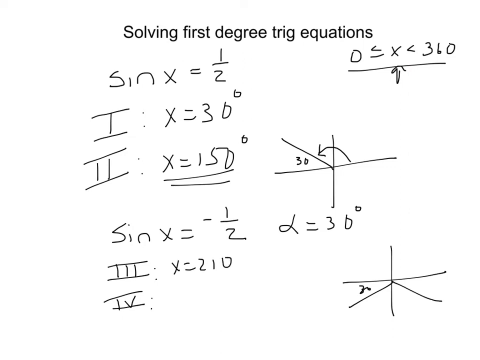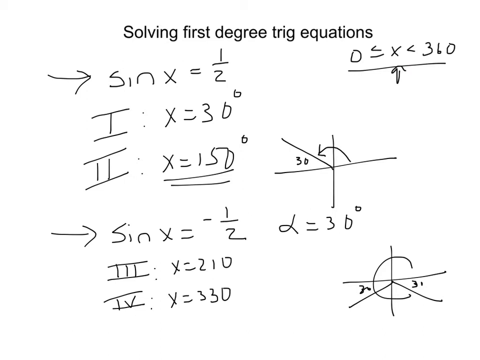And if I take 30 degrees into quadrant 4, my angle of rotation will actually be 330. And so those are the two answers there. Depending on if it's positive or negative, you have to be very careful about what the reference angle is, and then taking those answers into the appropriate quadrants to make sure that you get all answers. Again, if you punch the sine of 210 in your calculator, you'll get -0.5. Same with the sine of 330.